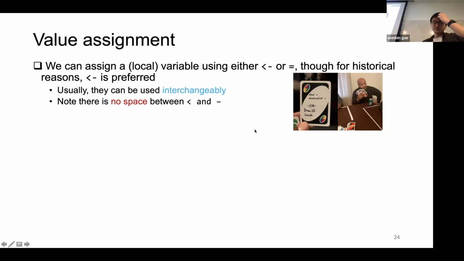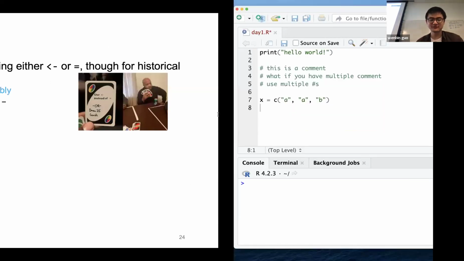And it should also be noted that there is no space between this smaller than symbol and the minus symbol. If you do that, it will try to interpret the smaller than symbol as a smaller than and the minus as a negative. So for example, we can do a very quick test here.